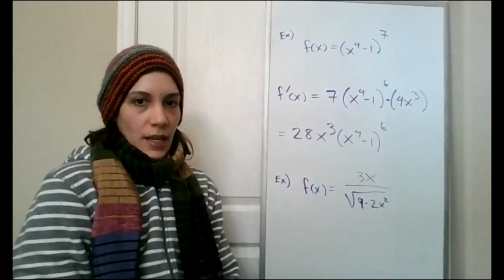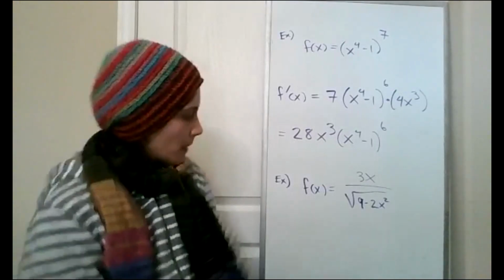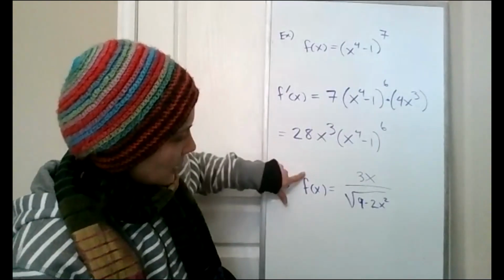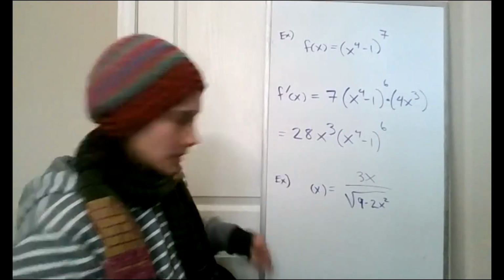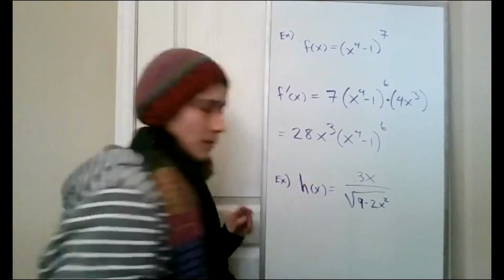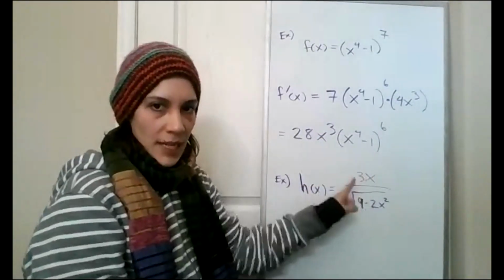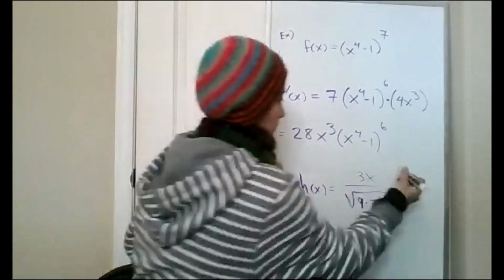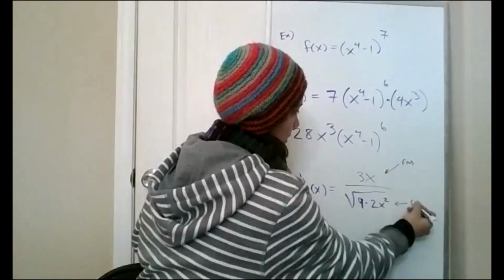I'm kind of wanting to change this function's name. I'm going to call this h of x. That way I can label this my top function, f of x. This would be my g of x.